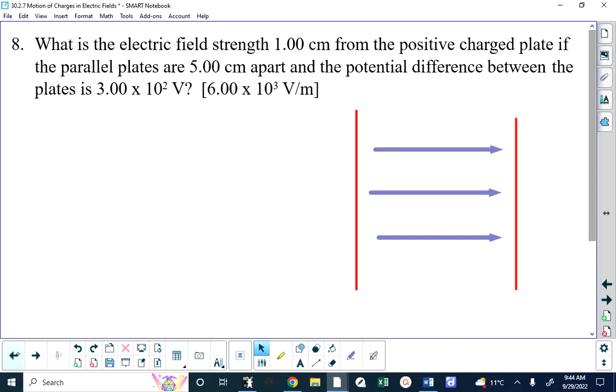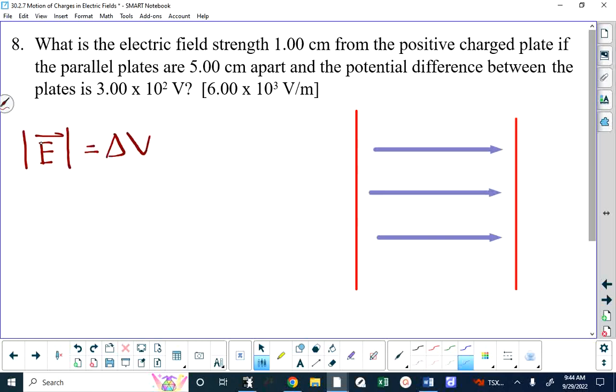So you're asked for the electric field strength 1 centimeter from a positively charged plate if the two plates are 5 centimeters apart and the potential difference between them is 300 volts. Well, electric field strength for parallel plates is given by this formula. And this is why I mentioned yesterday, I really dislike that delta.